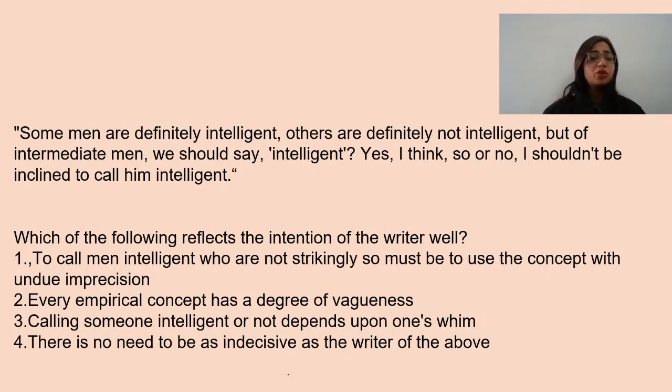I think that I should not be inclined to call him intelligent. So the question is, which of the following reflects the intention of the writer well? So you're talking about the intention. Now this is another kind of critical reasoning question where you'll be asked about intention.